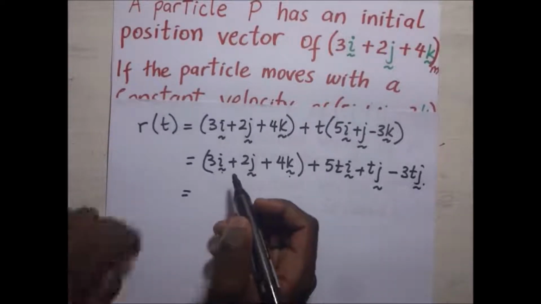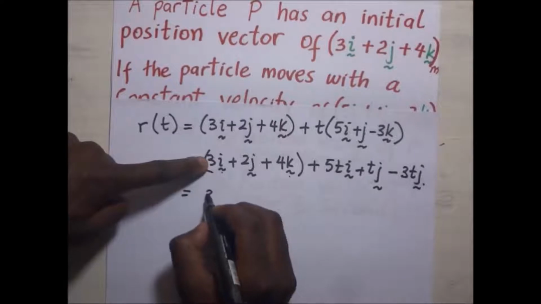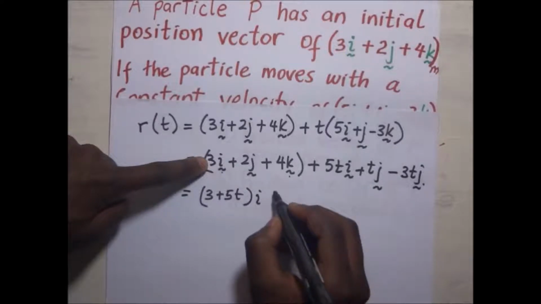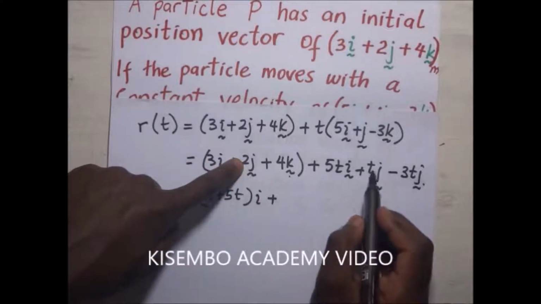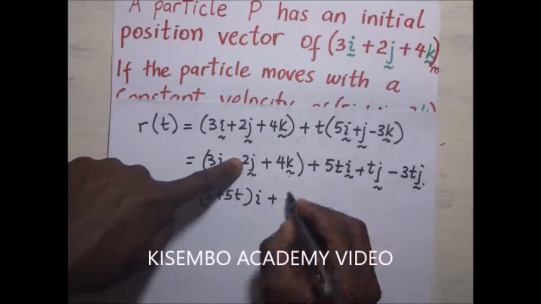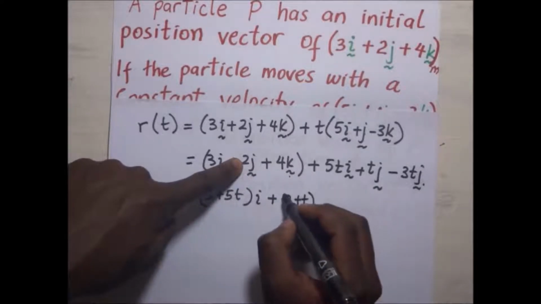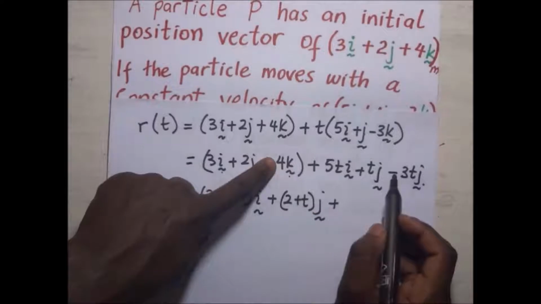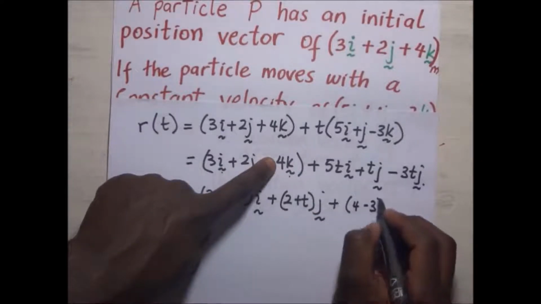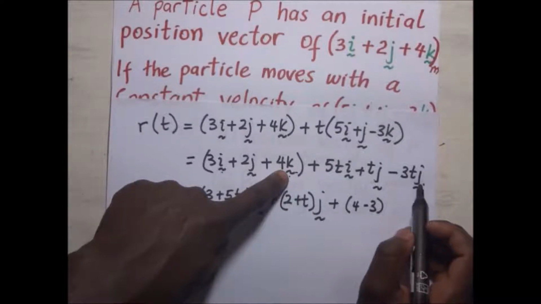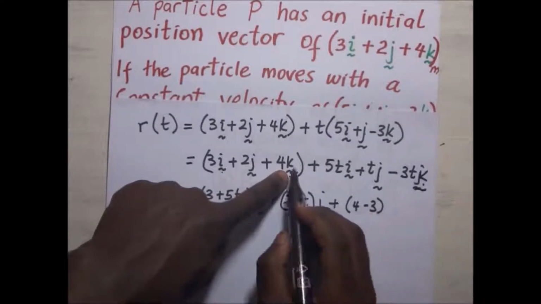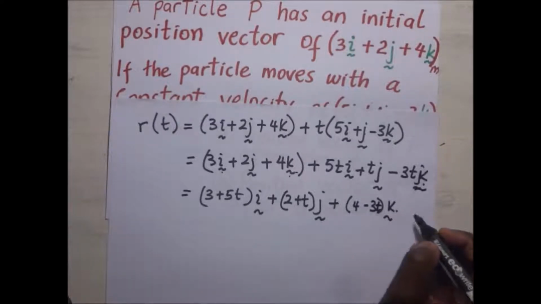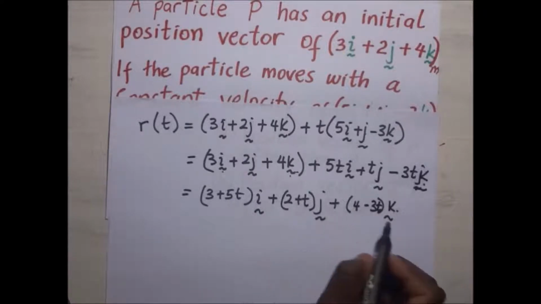and in this case it's going to become 3 plus 5t, these are the i's, then plus, this is 2j and this is t, so it is 2 plus t, and this is in j, then also plus 4 minus 3t, that is k.